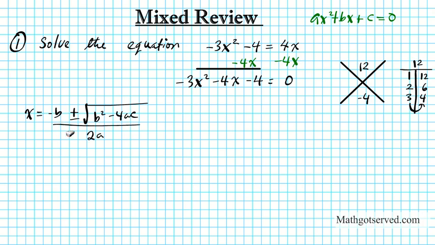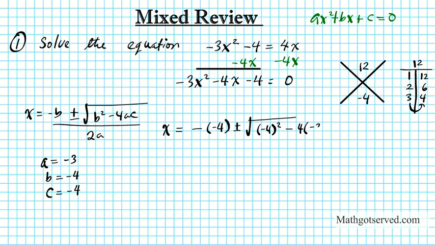To use this equation, keep in mind the fact that a is negative 3, b is negative 4, and c is negative 4, okay? So put that in the equation, you'll have x equals negative b, so minus negative 4, plus or minus the square root of b squared, which is going to be negative 4 squared, minus 4ac.